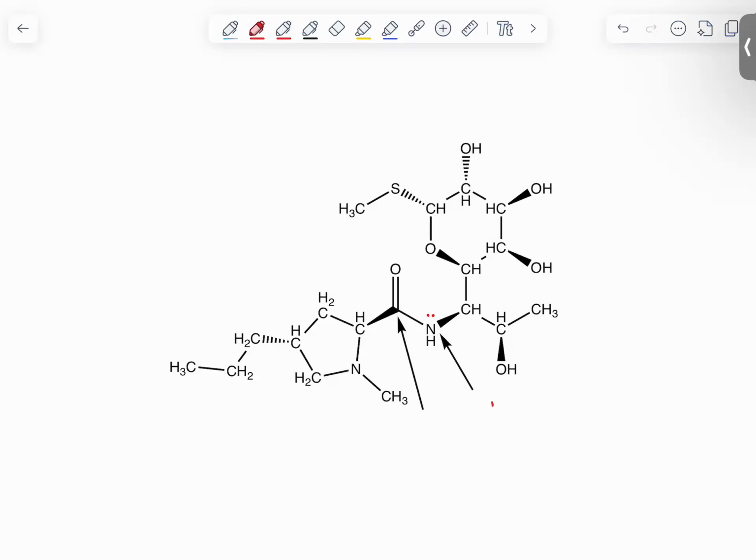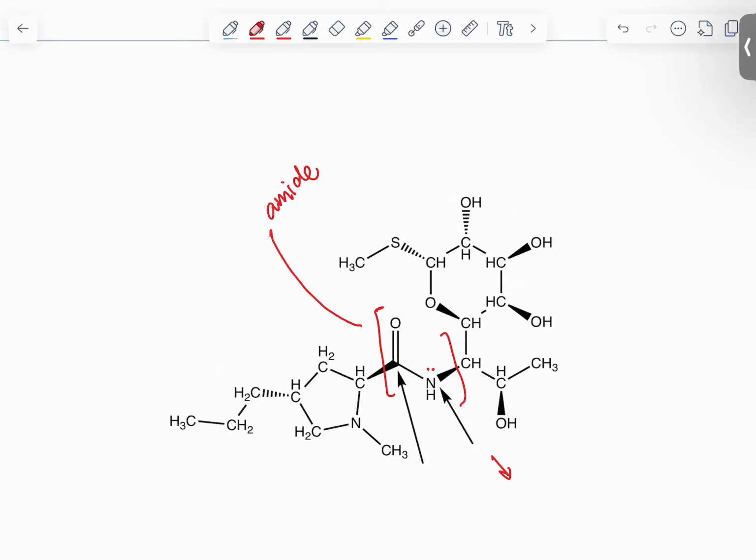So what happens with an amide, which is a functional group you guys should know. An amide is always going to be a nitrogen next to that double bonded oxygen. This part here is called an amide. And what happens is that lone pair moves like that, and you have a resonance form.